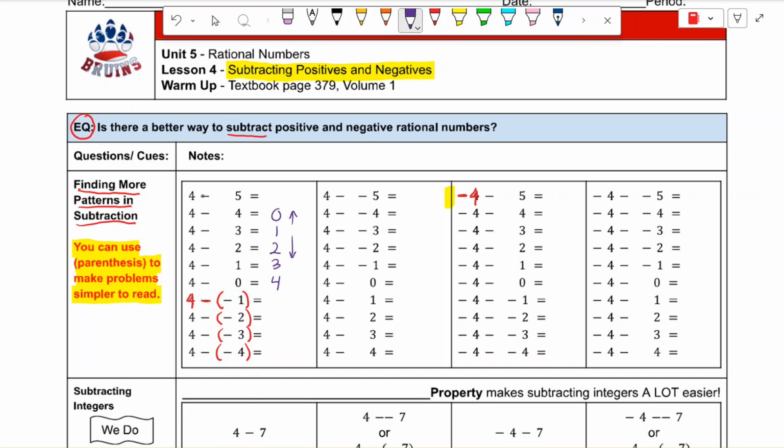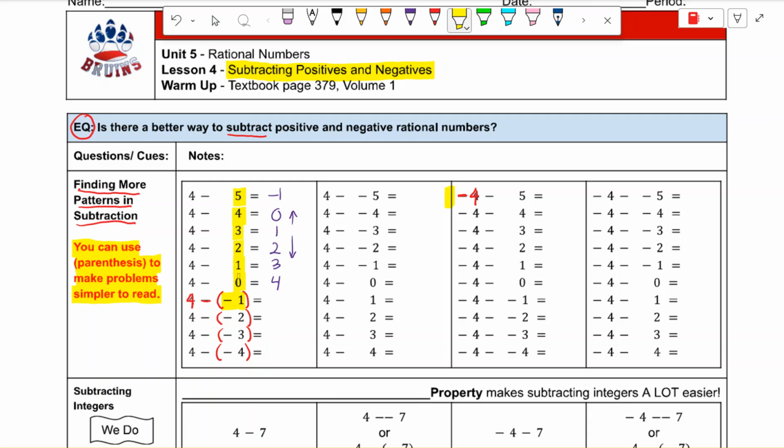So what is 4 take away 5? It is -1. It's following that pattern. Let's go down now. What is 4 minus -1? Well, we can see the pattern. We're taking away a 5, then a 4, a 3, a 2, a 1, a 0, then -1.